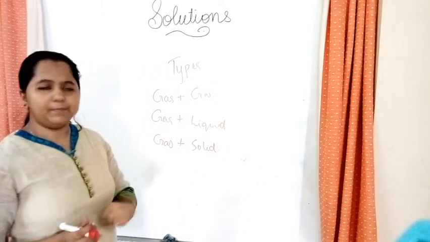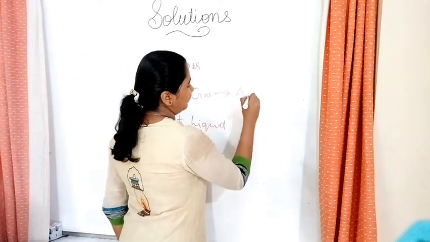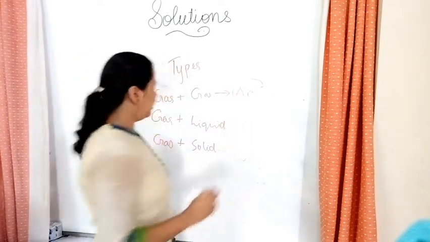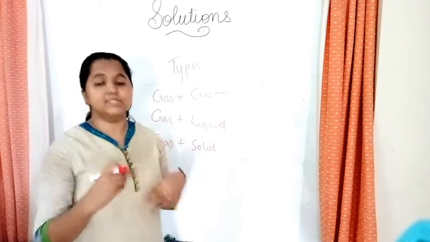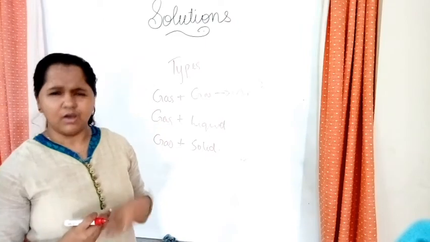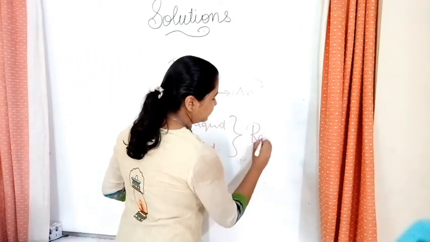What is the example of gas plus gas? That is air. But have you heard of a gas solvent with a liquid solute? No, that's rarely found. So these two are rarely found.